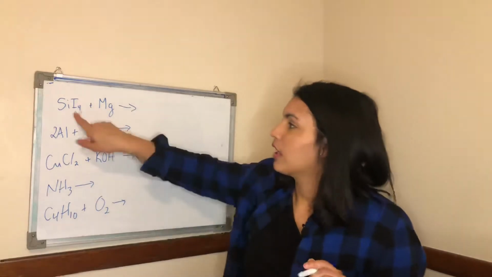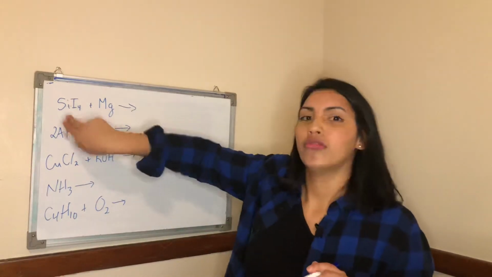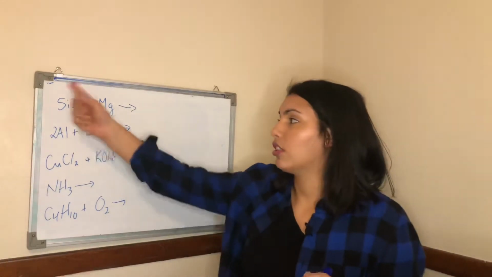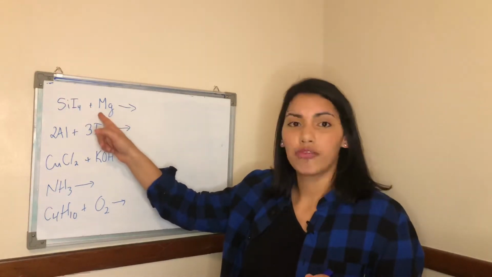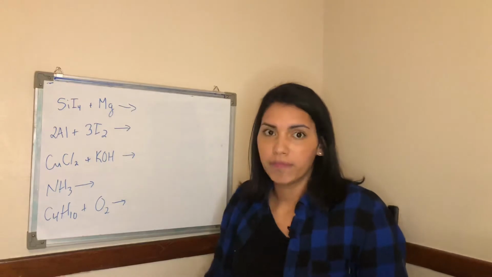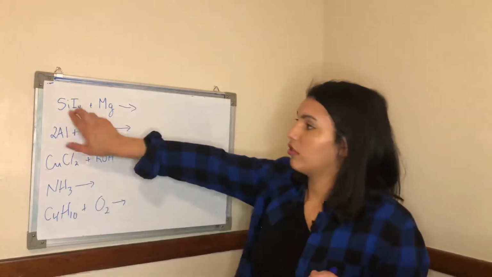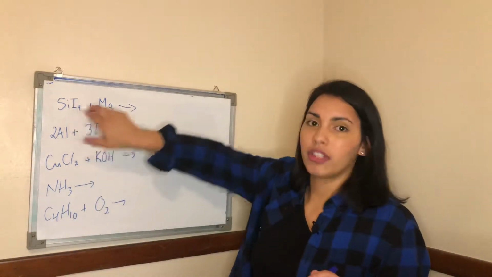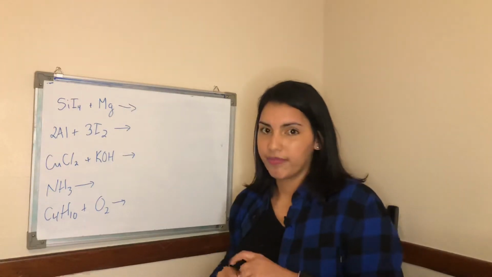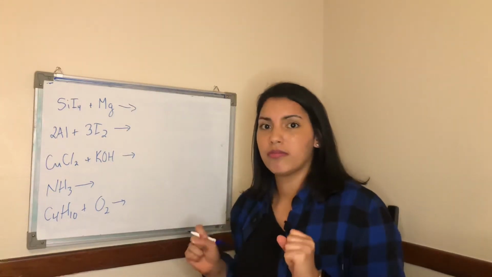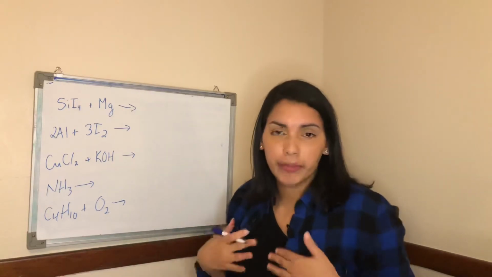Okay, so here I have 2 elements together. So I have a compound here, and then I have something single by itself. So what could this be? So I have a compound and a singular element. What could it be? I'm going to give you time to think about it, and pause the video if you need more time.